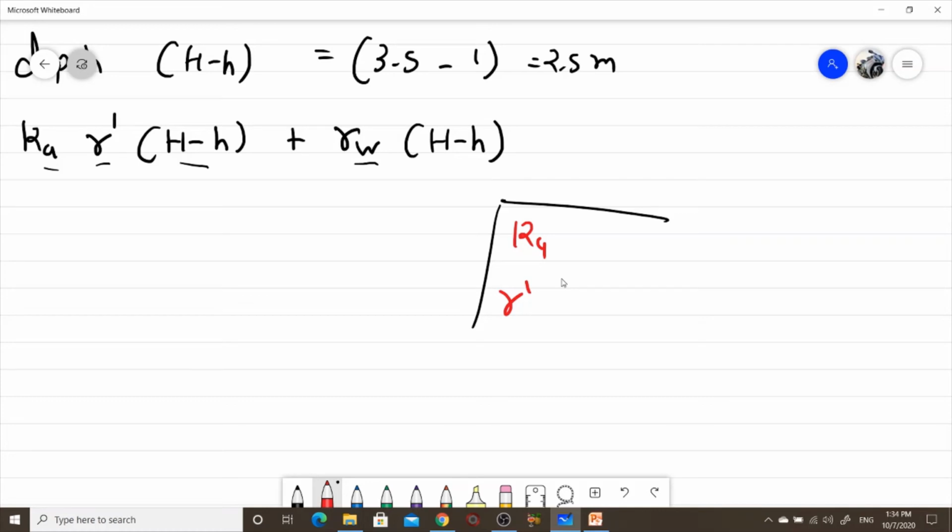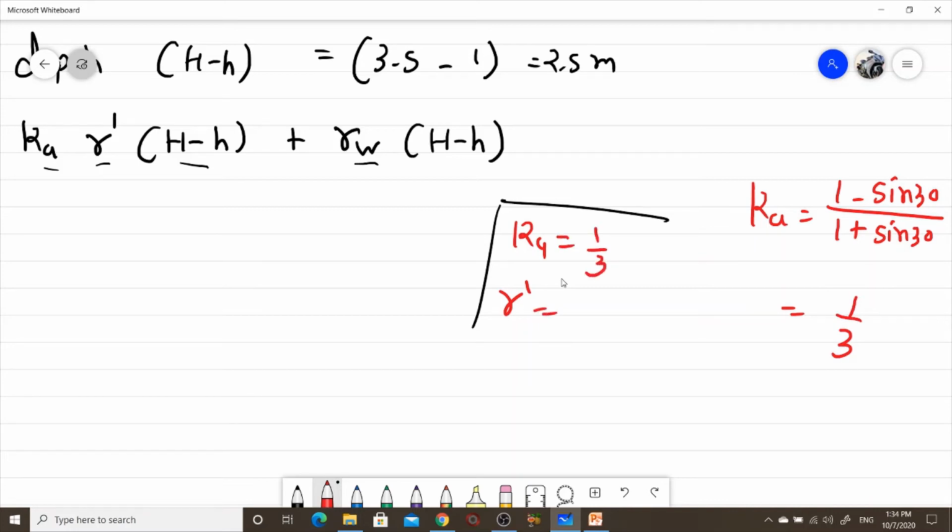The Ka equation is Ka equals 1 minus sine phi divided by 1 plus sine phi. Phi is 30, so 1 minus sine 30 divided by 1 plus sine 30. So by this equation we have Ka is 1 by 3.